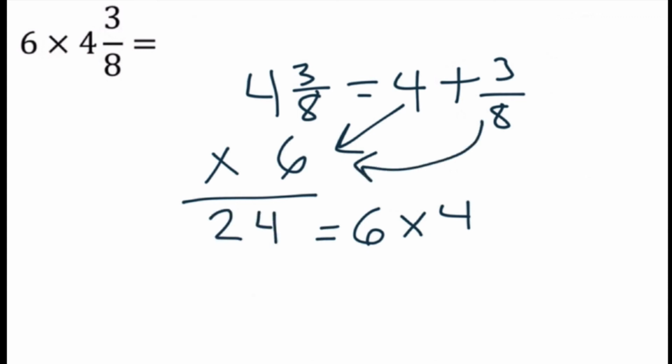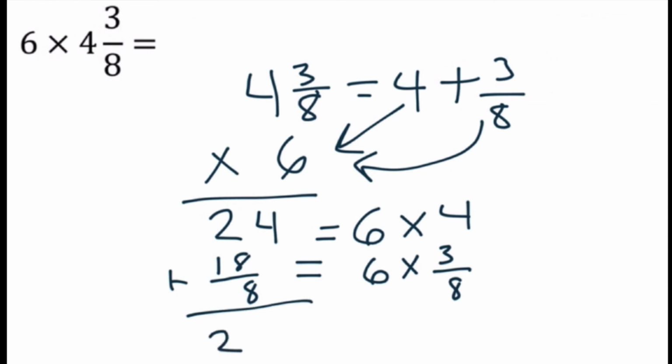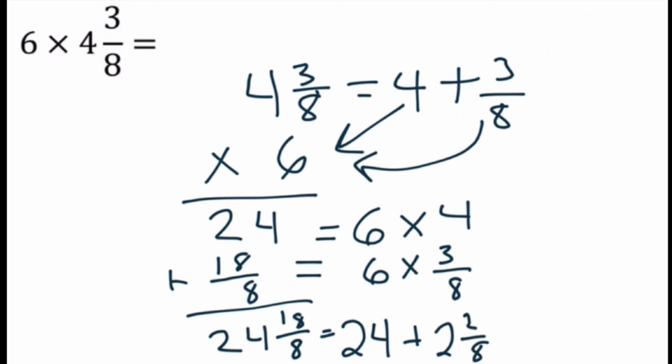Then I'm going to do 3/8 times 6, or 6 times 3/8, which gives me 18/8. So this would be 24 and 18/8. Well, 18/8 is the same as 2 and 2/8. So if I were going to add that to the 24, I get 26 and 2/8.